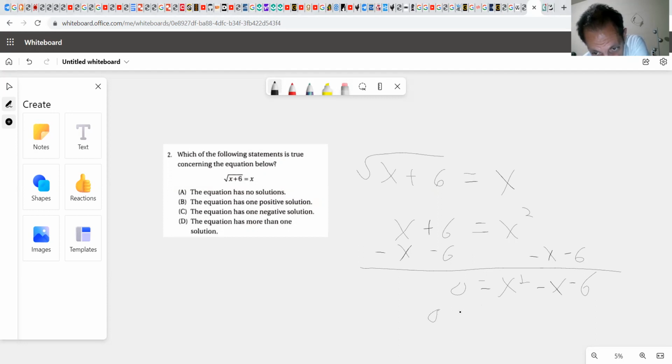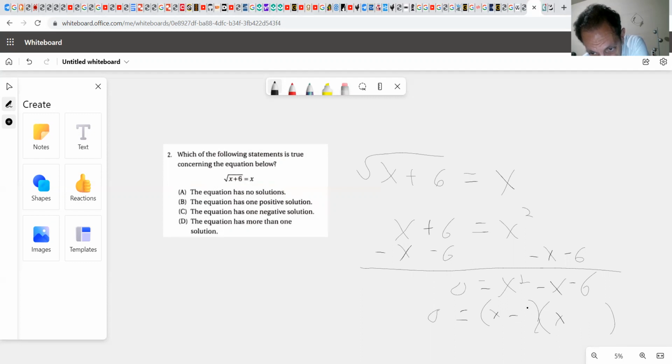We get 0 equals, well, this factors as follows. Take x squared, you have x, and then what numbers multiply to make negative 6 and add up to make negative 1?